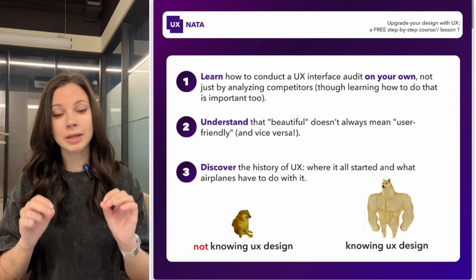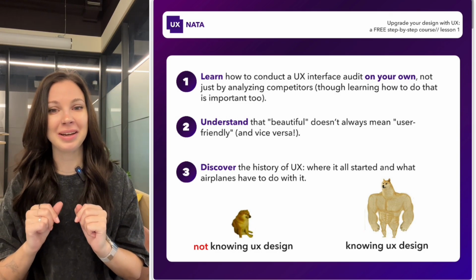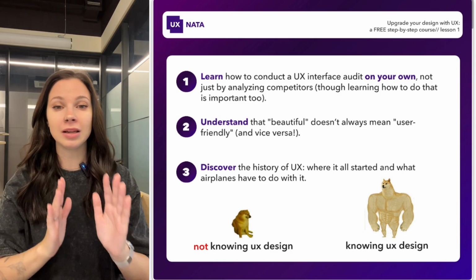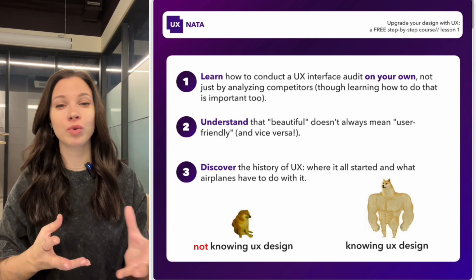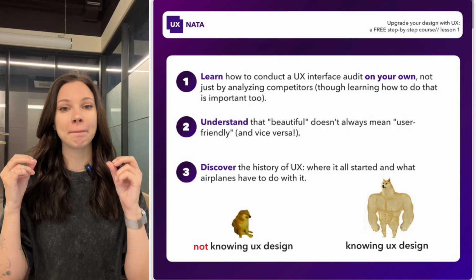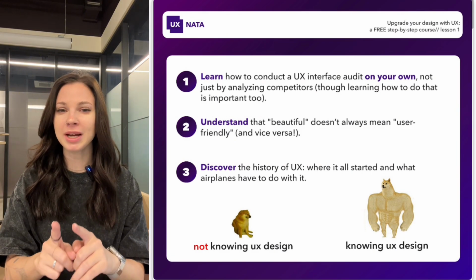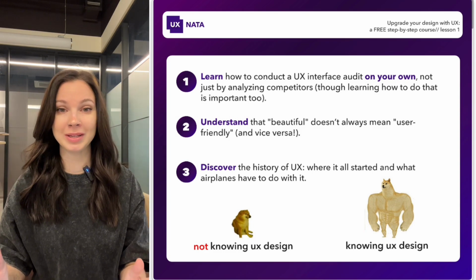Then we will understand that beautiful doesn't always mean user-friendly. Unfortunately, it's a main dilemma when you think about the attractiveness of your interface and about making your interface user-friendly. Sometimes there's a big difference between these points.